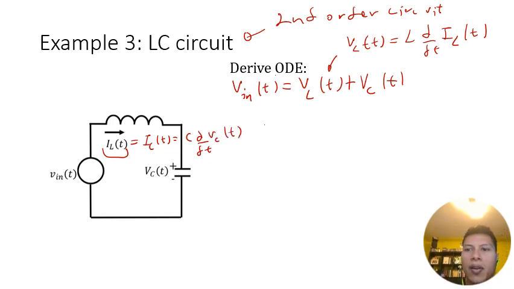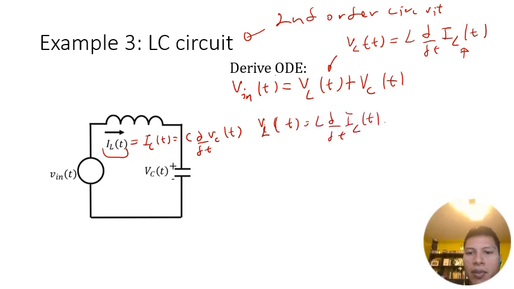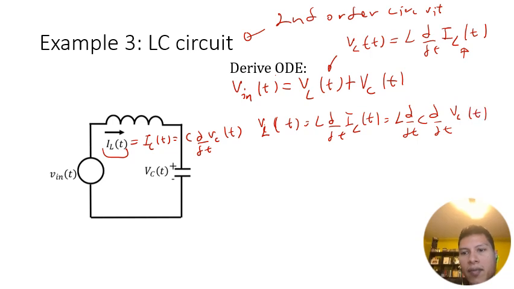And so here we can just plug in C dV/dt, so we get that VL of t equals L d/dt of IL of t, which is equal to L d/dt of C d/dt of Vc of t.